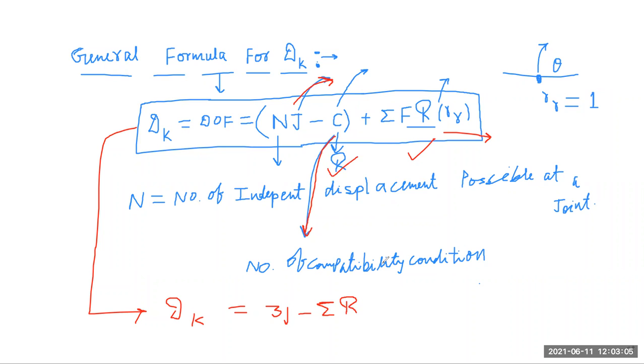So add RR, and this formula, we get dk is equal to 3j minus r plus summation of RR.